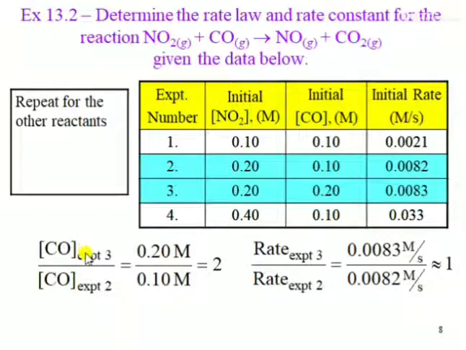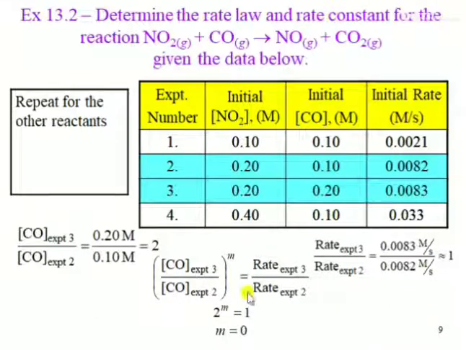So when we compare experiment number 3 with experiment number 2, the value which we are getting is 2. And similarly, for the rate values of experiment number 3 and 2, the value is 1.